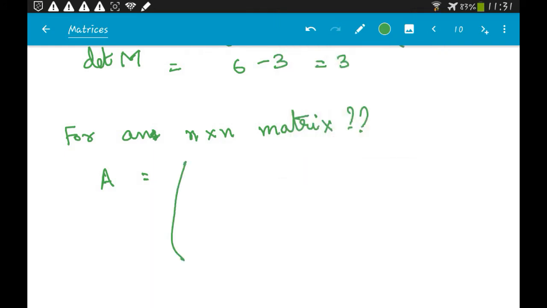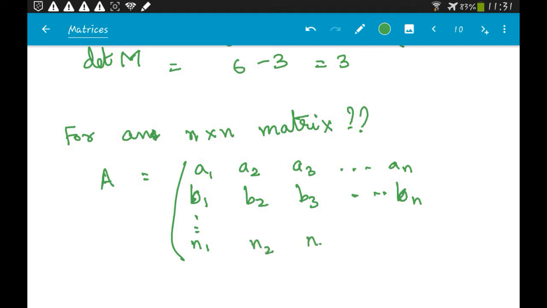So A is nothing but A1, A2, A3 and so on up to An, and this is B1, B2, B3, so on up to Bn, and then you have N1, N2, N3 and so on up to Nn. Okay, so this is your matrix.